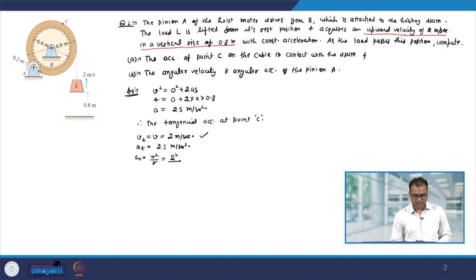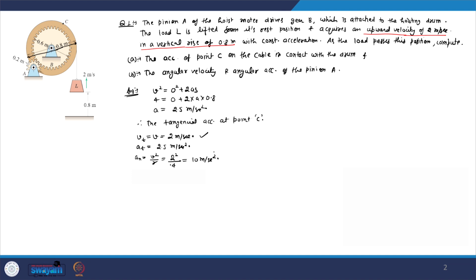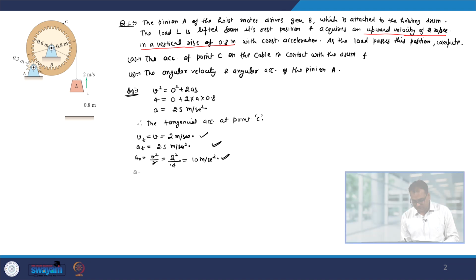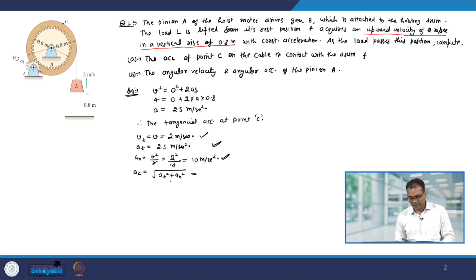It is given that the diameter is 0.8 meter, therefore, the radius will be 0.4, and that comes out to be 10 meter per second square. Therefore, the acceleration of point C will be the square root of a_t square plus a_n square, and a_t and a_n are known to us. So, that comes out to be 10.31 meter per second square.